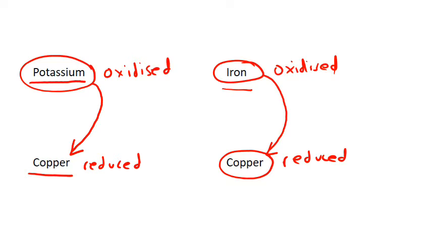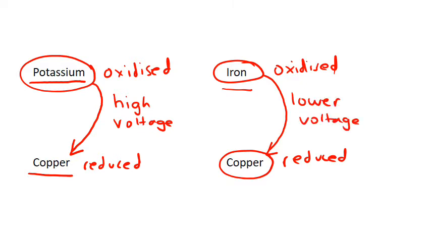So I would expect that with potassium and copper, a very high voltage, a very big, strong push moving the electrons from one to the other. But if I set up iron and copper, I would expect a lower voltage. And it makes sense. It's going to depend on how easily one of them is oxidized and the other is reduced, because that's what's causing the electrons to be moved.